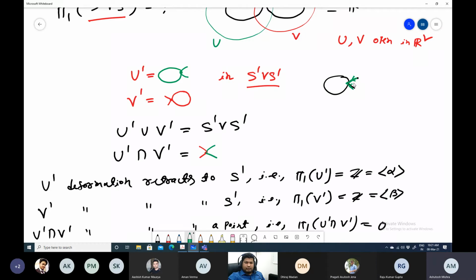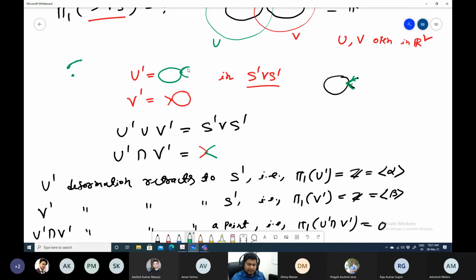Not understood. So this is a circle and this is a curve segment, right? If you take any curve segment, that deformation retracts to a point. Any line segment deformation retracts to a single point, right? Yes, sir.